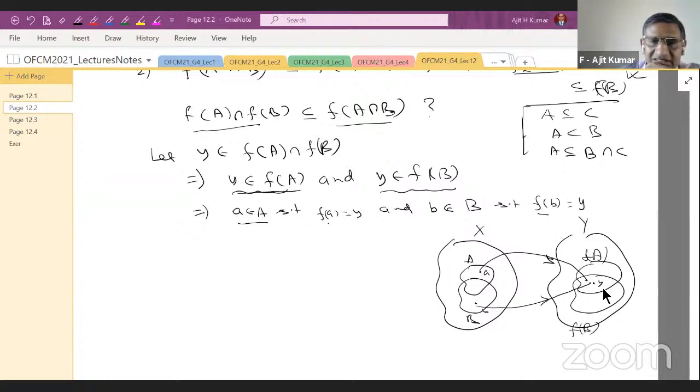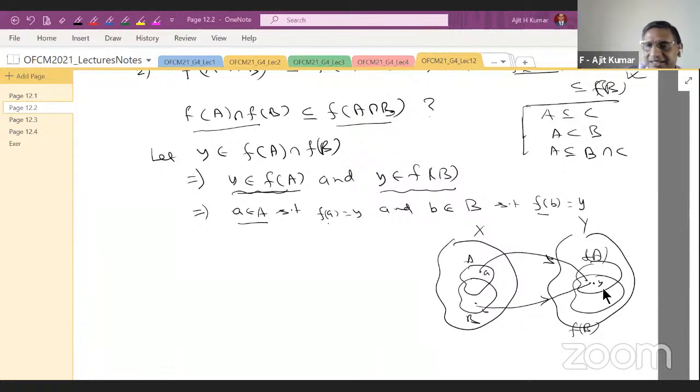So it looks like we have got into trouble, in the sense that unless a is equal to b, there is no way that we can conclude that y lies in f of A intersection B. It seems that in this argument, showing that this is a subset of this, we have hit a roadblock.